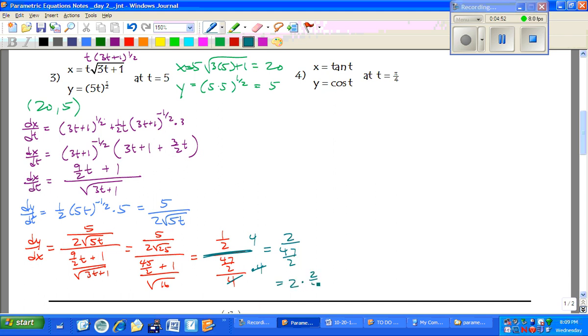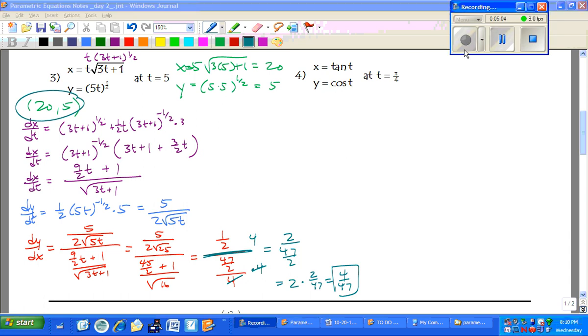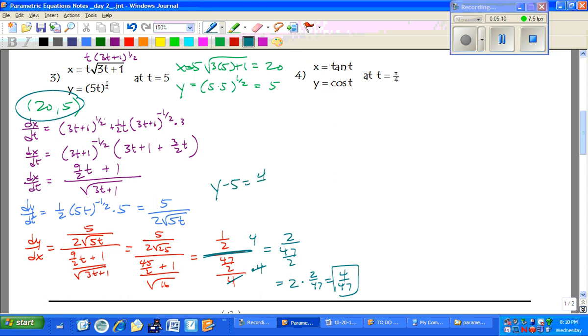So 2 times 2 over 47, we get 4 over 47. So that's our slope. Here's our point. So our equation is y minus 5 equals 4 over 47 times x minus 20.